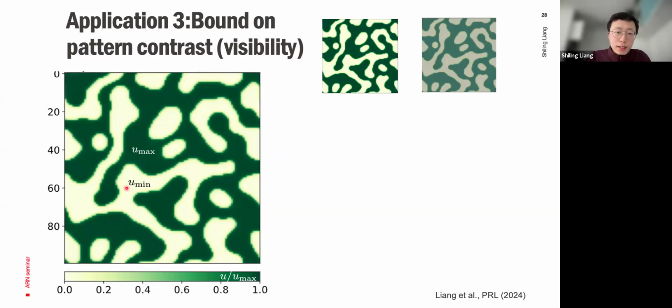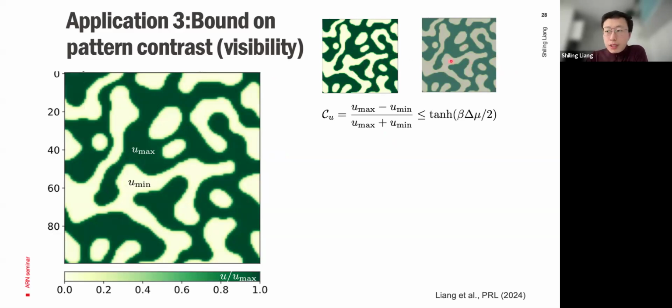That allows us to define one very good property of a system, which is called the contrast or the visibility. Basically, the contrast is the range of the concentration of some species in the pattern, properly normalized by the sum of the minimal and maximum concentration. Here we can see two different patterns, one with higher contrast and one with lower contrast.